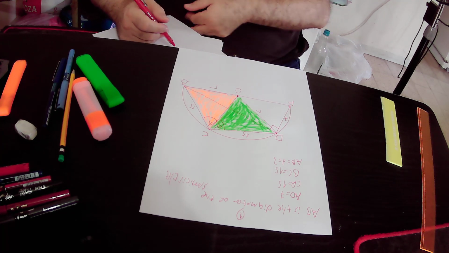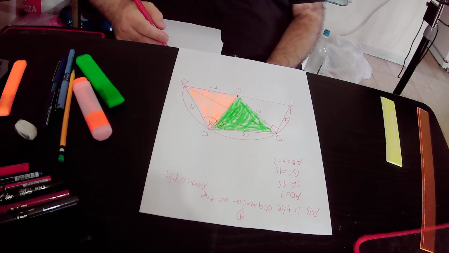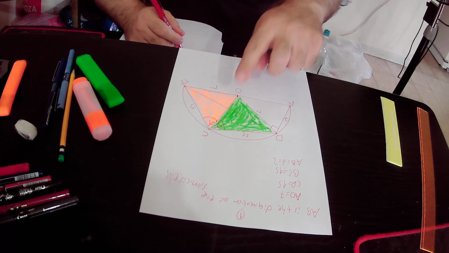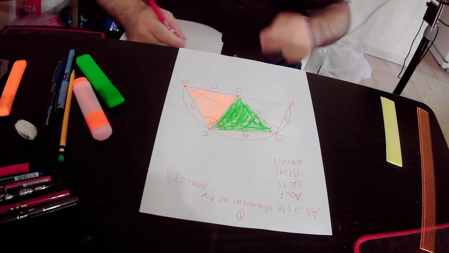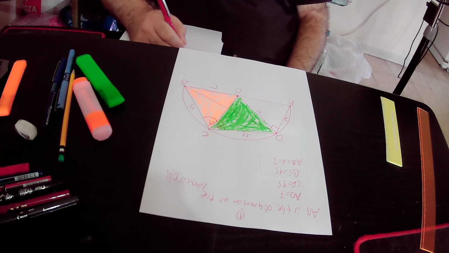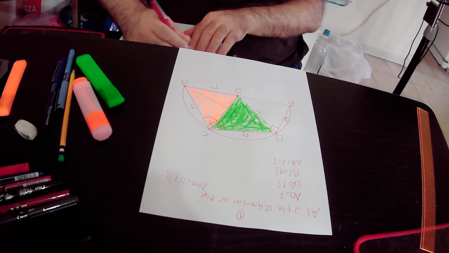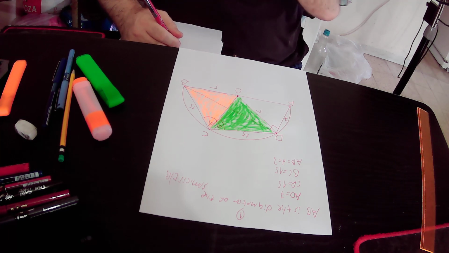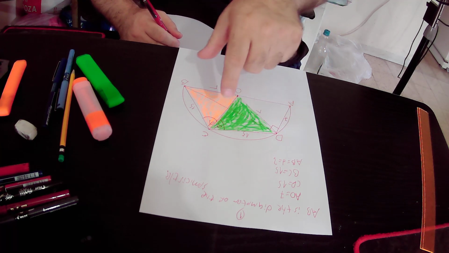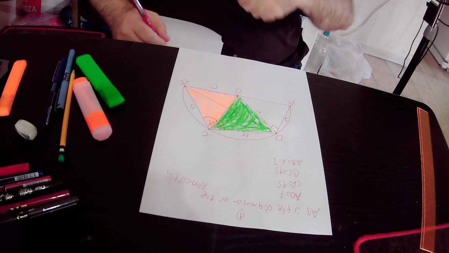Okay, so in the next step we will focus on triangle DCB, this triangle. So in triangle DCB, side DC equals side CB.